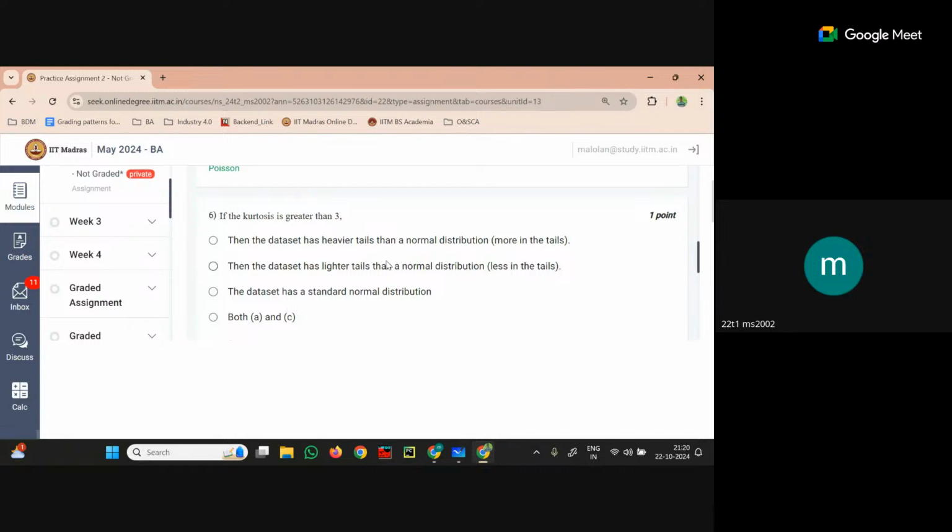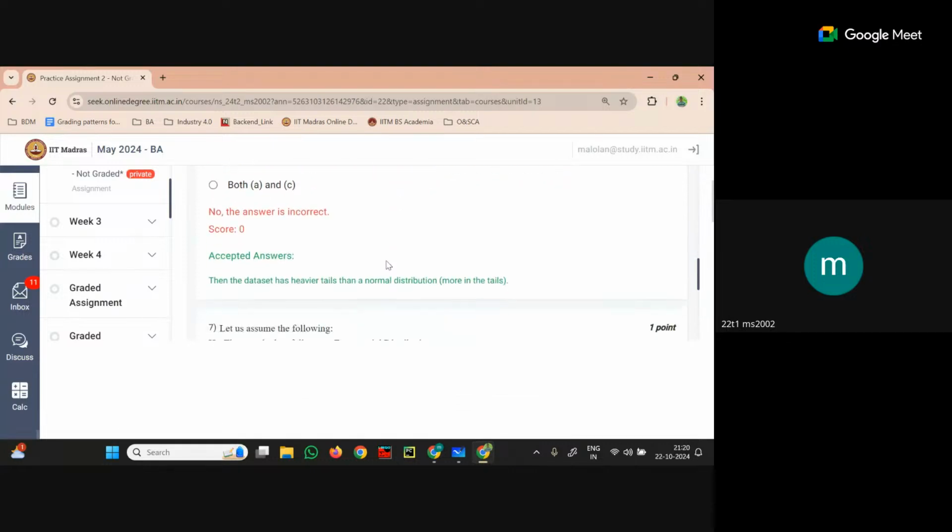As kurtosis increases, the thickness of the tails increases. The peak gets skewed to one side with a long tail, but the thickness of the tail increases as the kurtosis increases. Let me just check that once. It's been very long, I could be wrong. I'll check and get back to you on Discourse. Okay, sir.